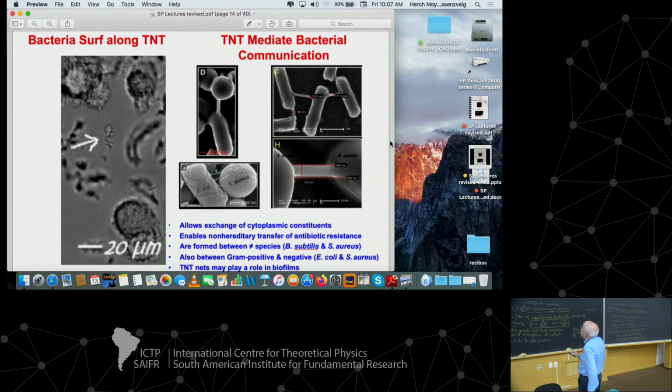This is with bacteria, and the TNT, the word that I wanted to mention is a vesicle. What you saw before was a vesicle propagating. Now here is the scale, and there is a TNT which is connecting the bacteria, and you can see a kind of network here.